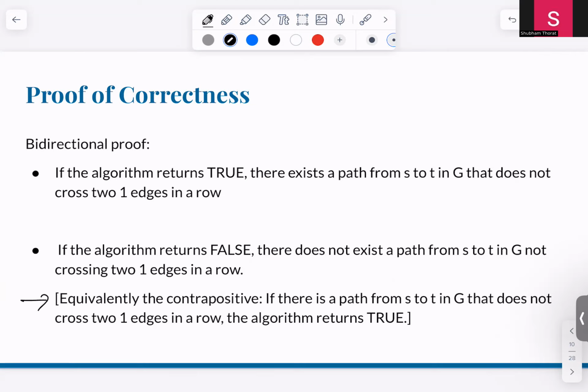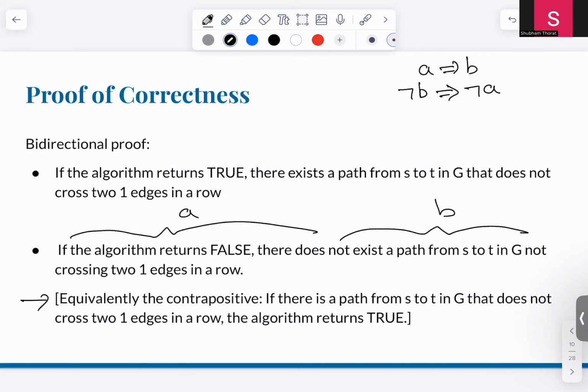So what contrapositive means is, if A implies B, that means not B implies not A. So if this first statement is A, and the second statement is B, then this line here is basically not B implies not A. So there does not exist a path.